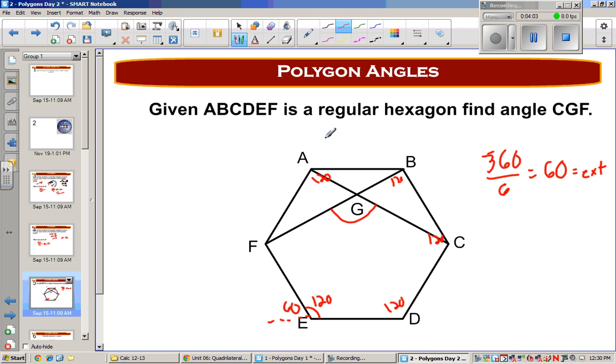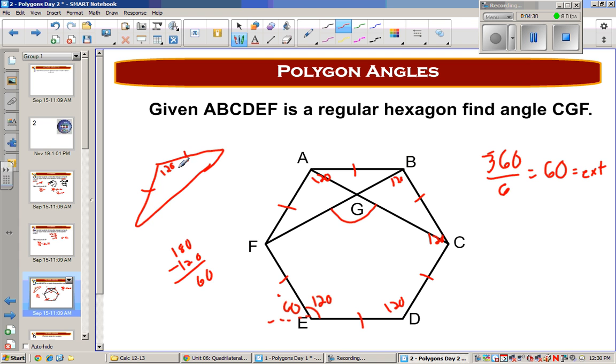Now I need to find out more angles. Well, in a regular hexagon, all the sides are going to be equal. And so that means this creates an isosceles triangle. I know this is 120. So if I take 180 minus 120, I get 60. So those two angles add up to 60.